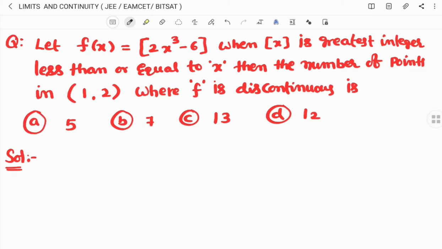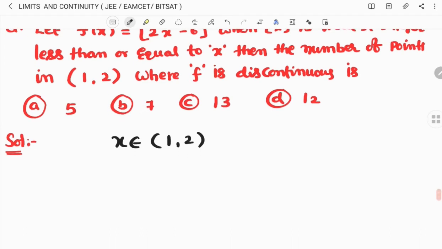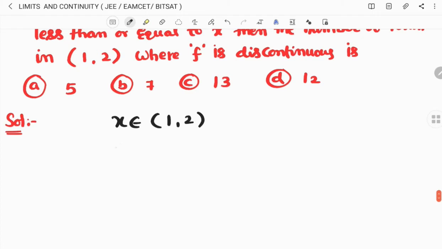That means how many points in the interval are discontinuous. So let us discuss that. Given x belongs to the open interval 1 comma 2, the value of x lies between 1 and 2. So 1 is less than x is less than 2.